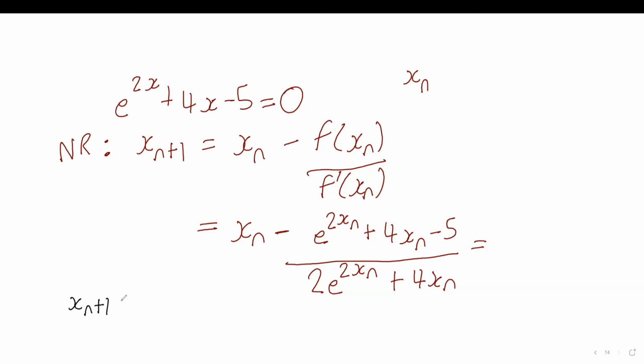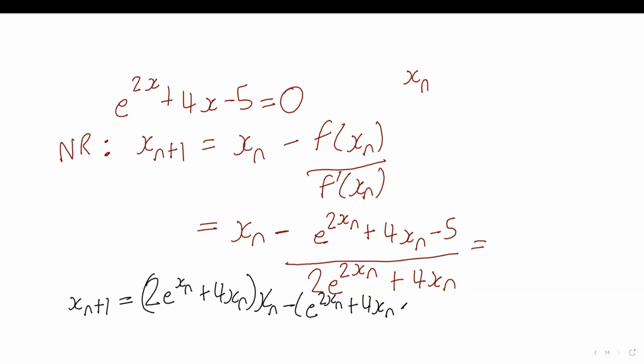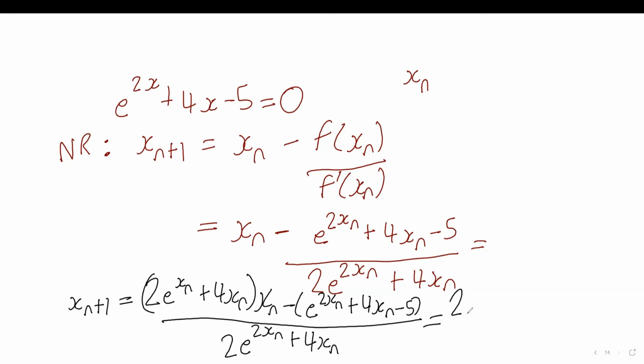So finally, xn plus 1 is equal to 2e to the 2xn plus 4, all of this multiplied by xn, minus, in brackets, e to the 2xn plus 4xn minus 5, over 2e to the 2xn plus 4. Simplifying the numerator, this is now 2xn e to the 2xn.